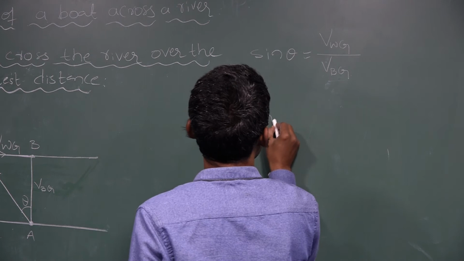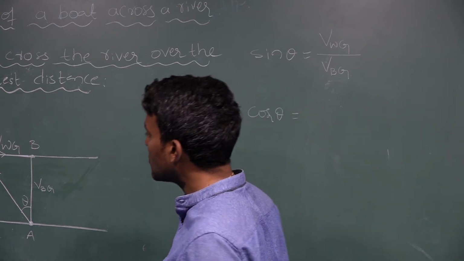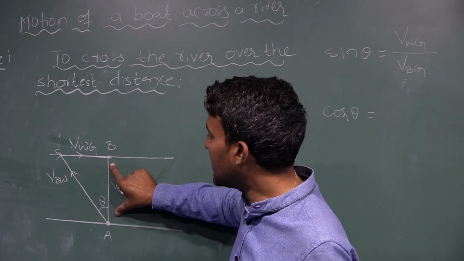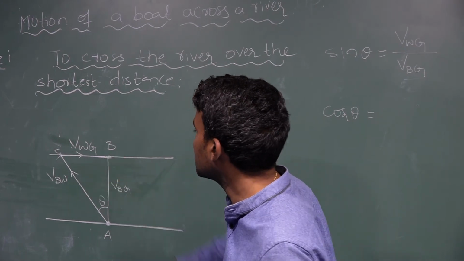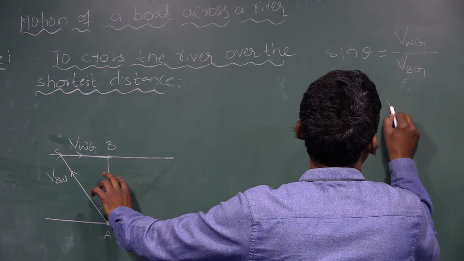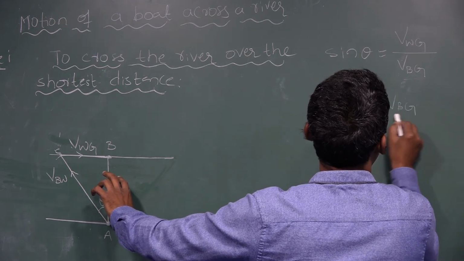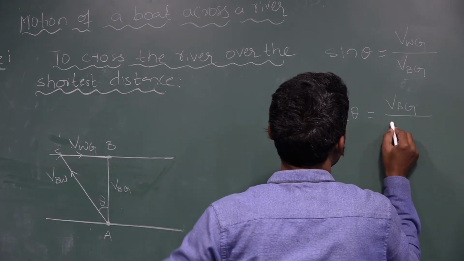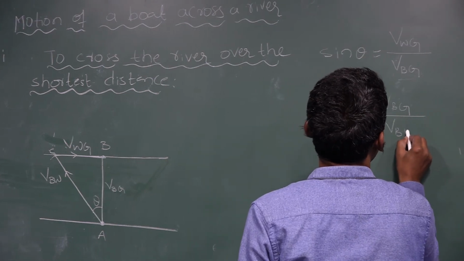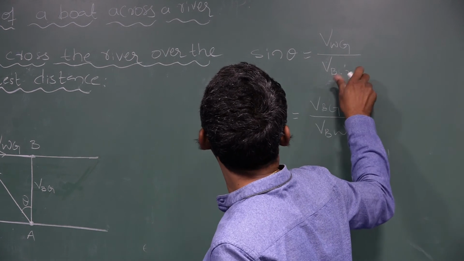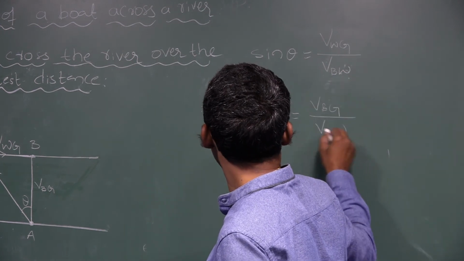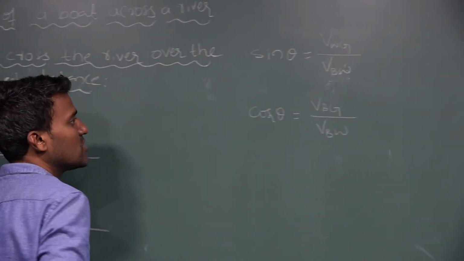Now cos theta is equal to adjacent side divided by hypotenuse. Here the adjacent side is the velocity of the boat with respect to ground, divided by the velocity of the boat with respect to water, VBW. That is cos theta, isn't it?